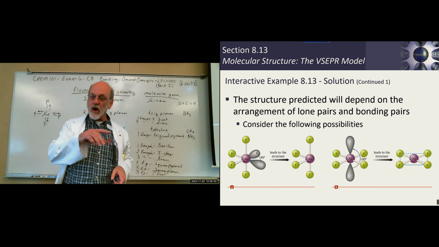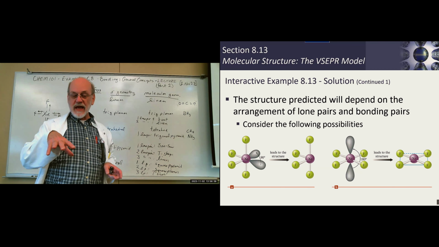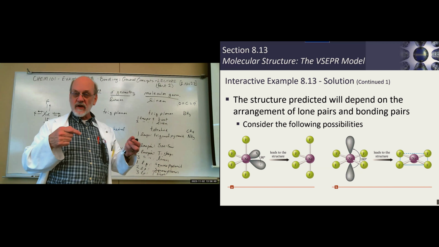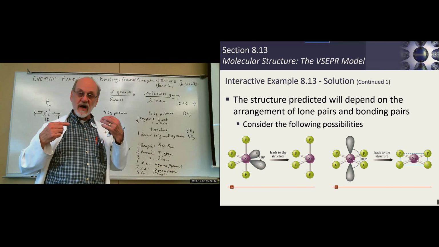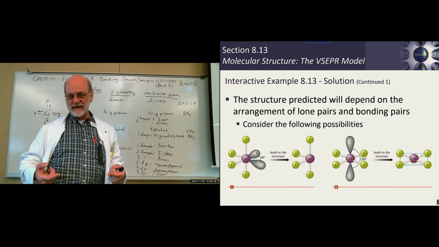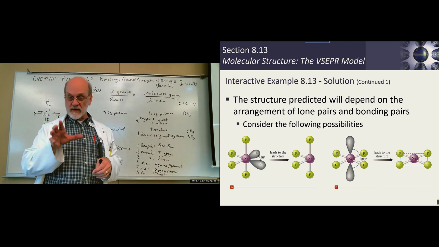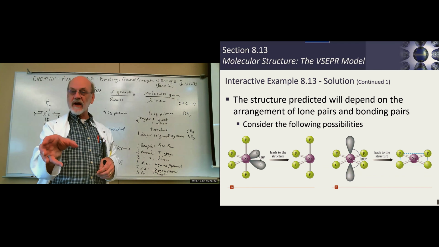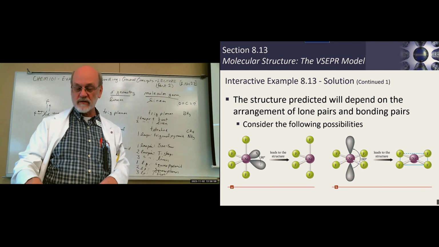If they occur on the square, that gives us a seesaw. And now the polarity of the bonds have a vector added sum, which would make the molecule polar. But the molecule is not polar. So that's how we decide between the two. In other words, B scenario is the correct one, and A scenario is wrong.